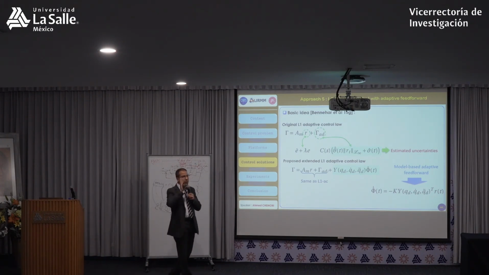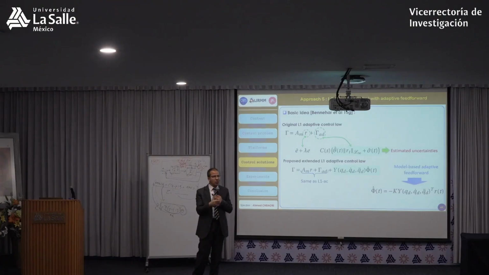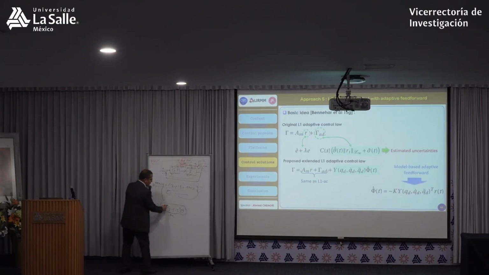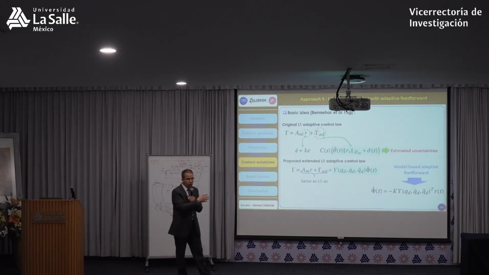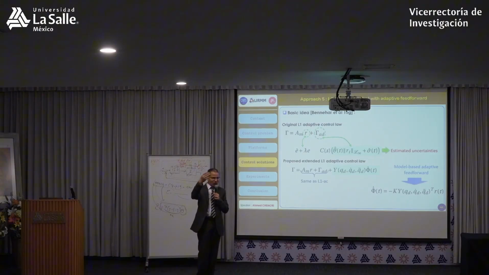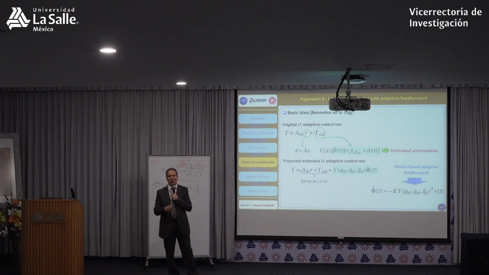But maybe there are some exceptions. Theoretically, maybe there exists a model where, when we write this, it's not linear in the parameters. Maybe it happens, but for the physical systems that we worked on, all of them are linear with respect to the parameters. This is very good news, exactly, very good news for those who want to do experiments. So it's linear with respect to the parameters.